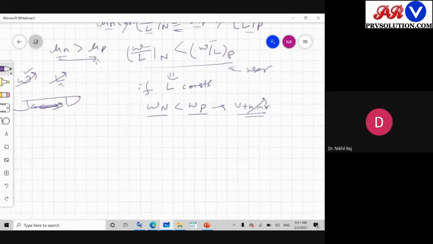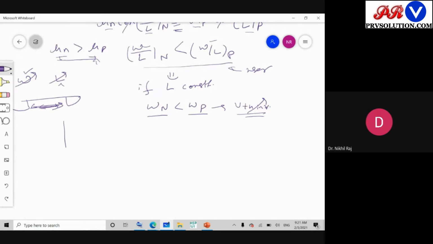If you look at the graph also, let's say this is your VTH of inverter and this is your KR ratio, KR meaning the KN by KP ratio. It will come somewhat like this. It is 0 and it goes to, let's say, 4.